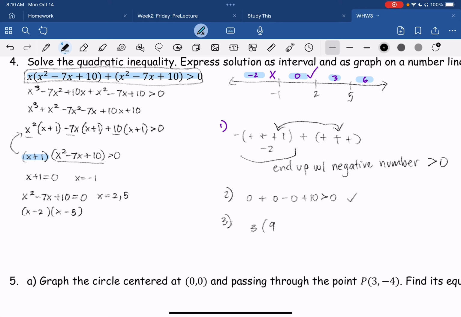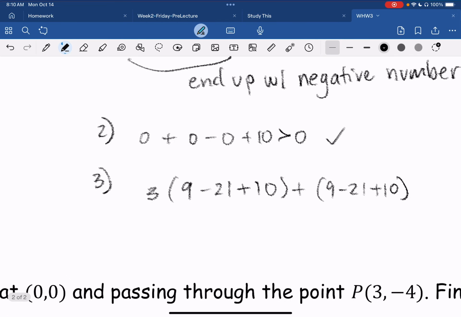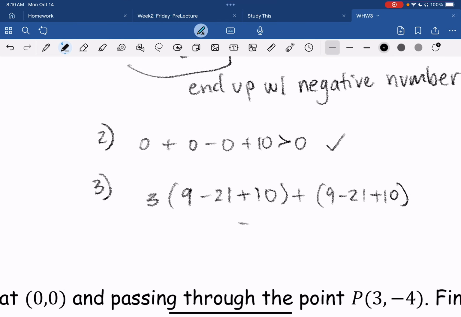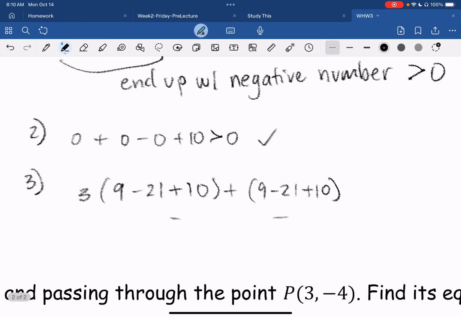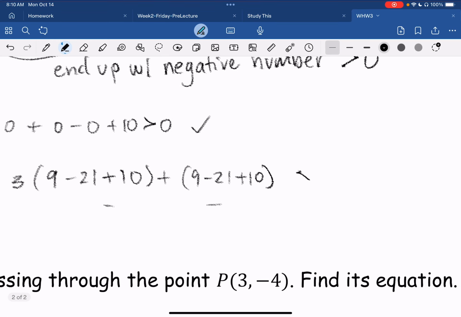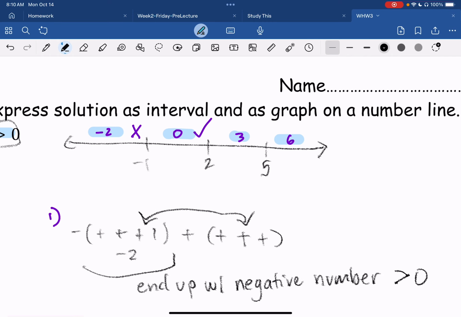So I do +9 minus 21 plus 10. I don't even have to solve it to know that this will be a negative and this will be a negative. So you're adding two negative numbers, which would make this a negative number. And so 2 to 5 does not work.